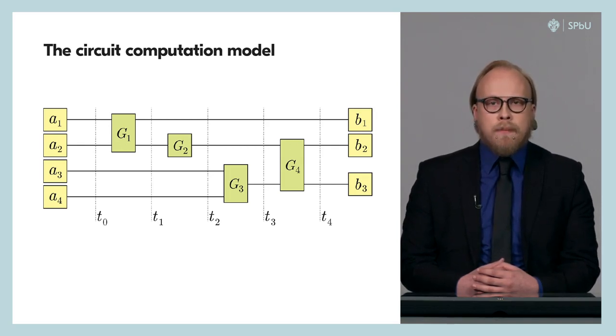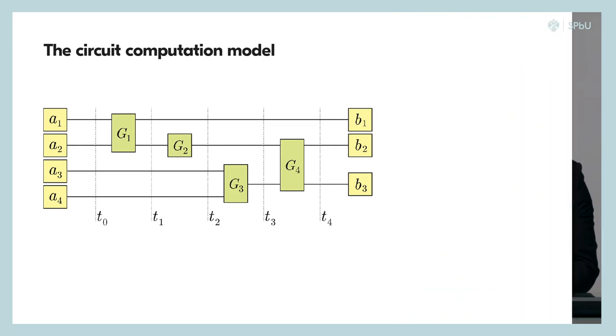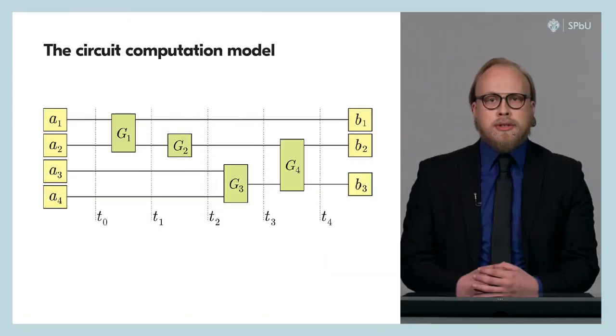Finally, at the time point t4, we have the values of bits B1, B2, and B3, which are the result of the conversion using the switching circuit. It should be noted that the number of bits at the input and at the output of a logic element may differ, which is determined by the type of logic elements used. For example, the element G3 has 2 bits at its input and only 1 bit of information after transformation.